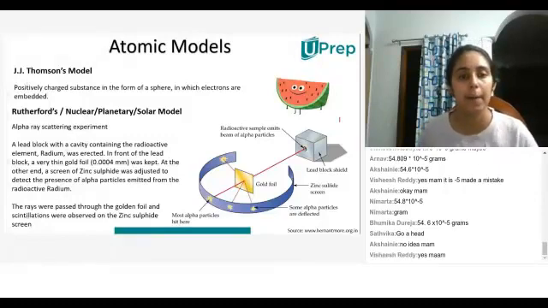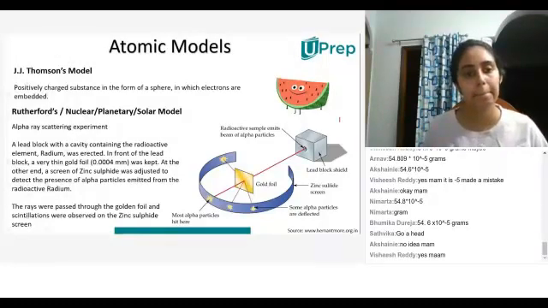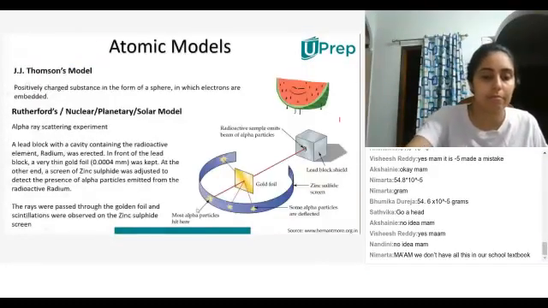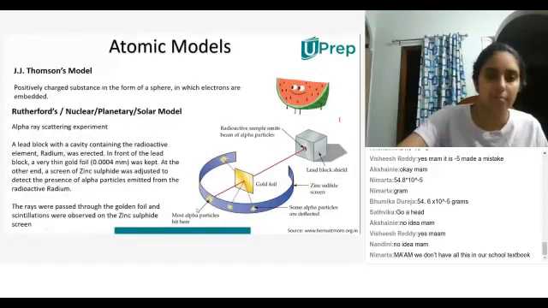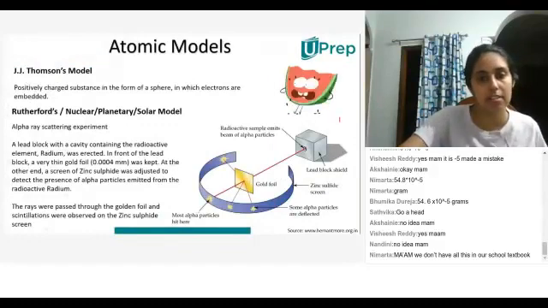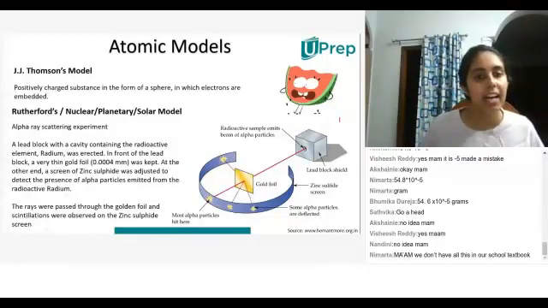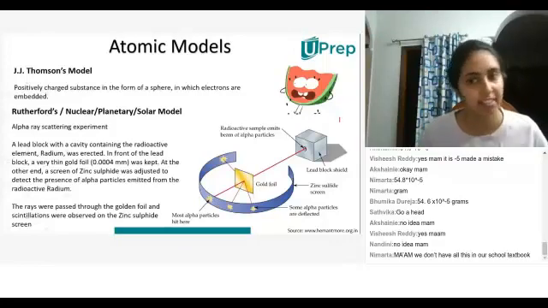Yes, Arnav? Ma'am, he proposed this model in which electrons and protons were only present. Yes, there was no nucleus present. Yes, Nimartha, you don't have all this in your school textbooks. That's correct.